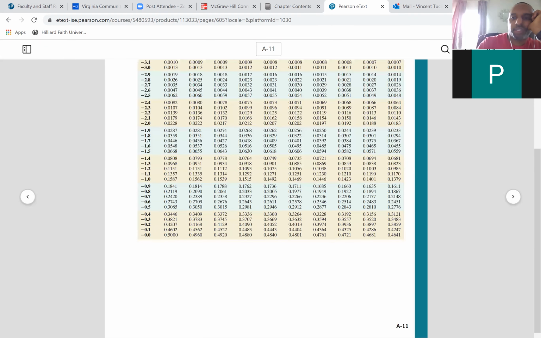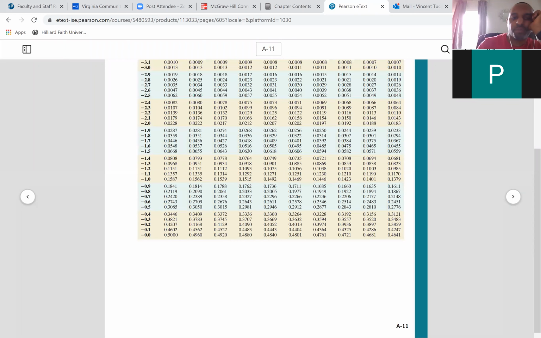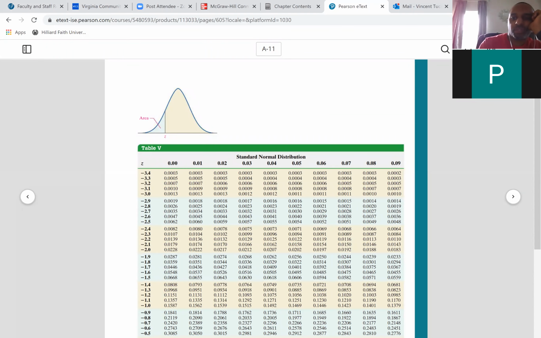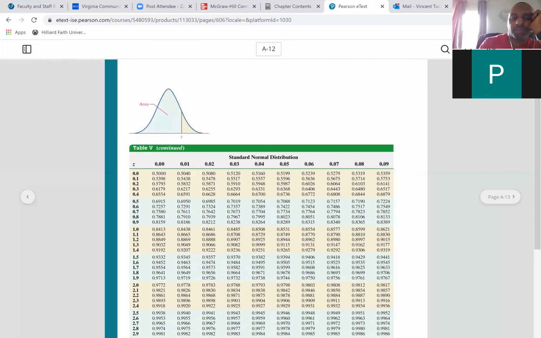So this is A11. It gives you the negatives, negative 3.4 to 0. And so to go to the positive, remember we had 1.23. So I need the positive side. That's A12.